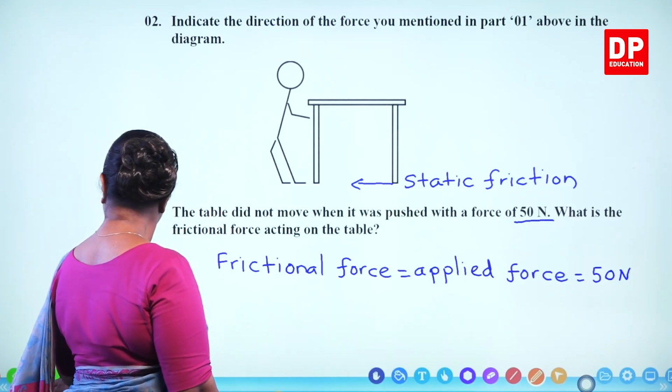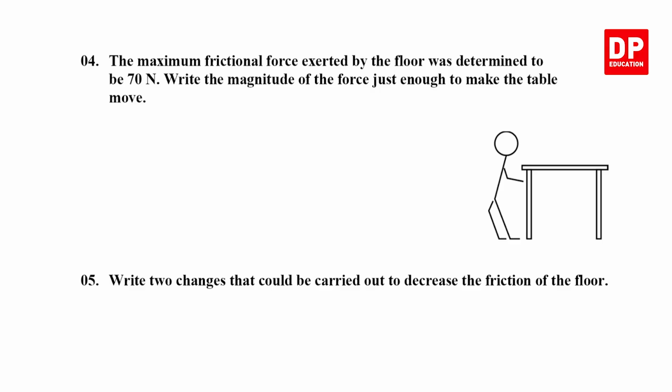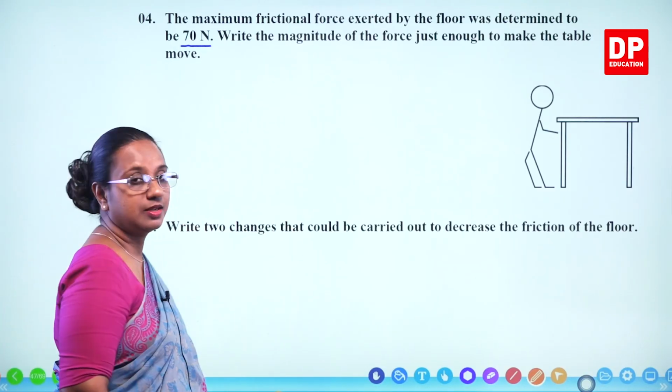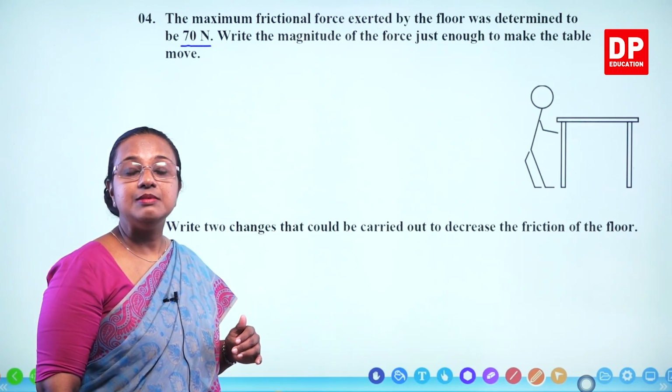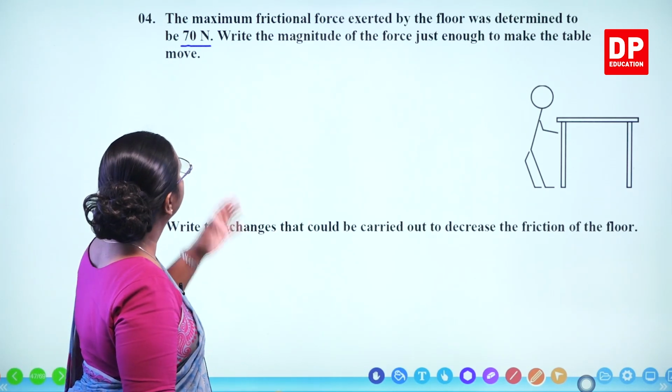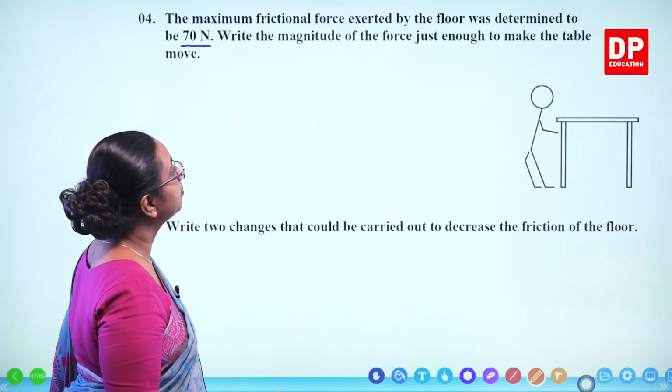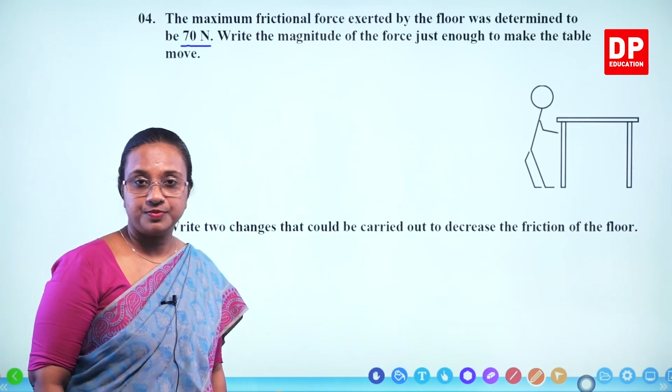Next part, the maximum frictional force exerted by the floor was determined to be 70 Newton. So that is the limiting frictional force. Write the magnitude of the force just enough to make the table move.